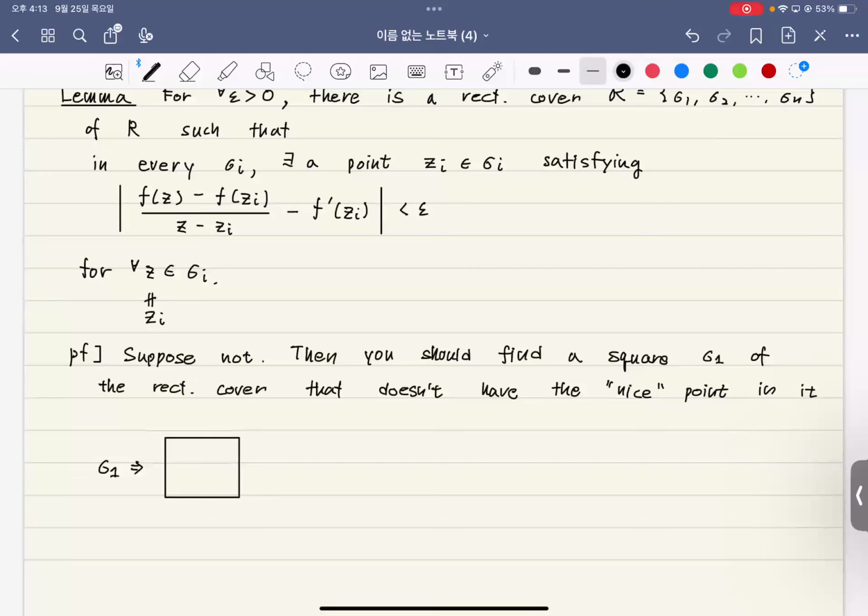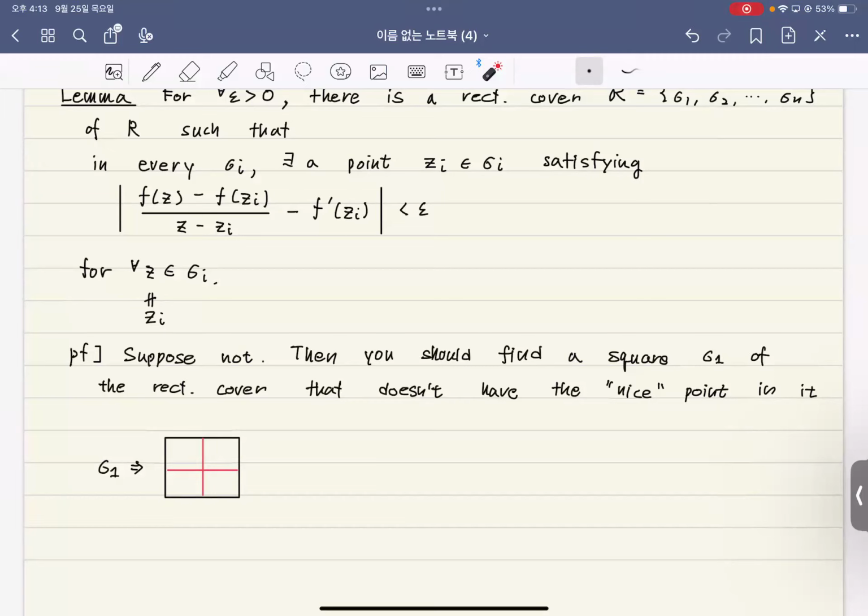Now what I want to do is subdivide this square into 4 equal squares, like this. Actually, I am making the entire rectangular cover into these subdivisions.